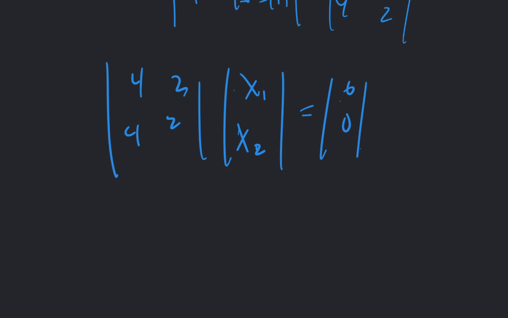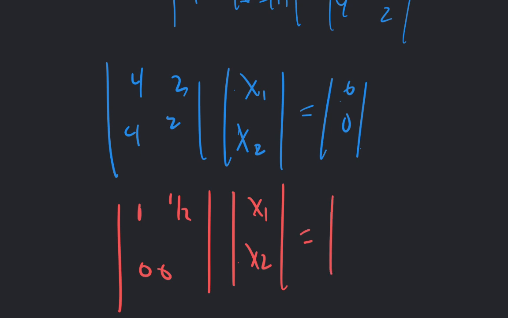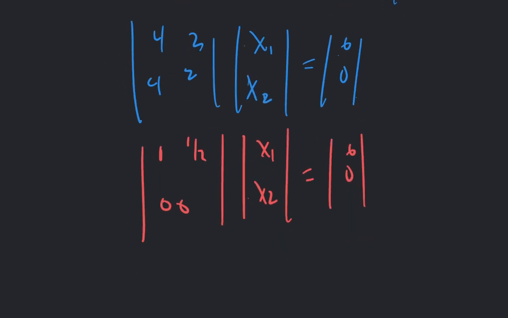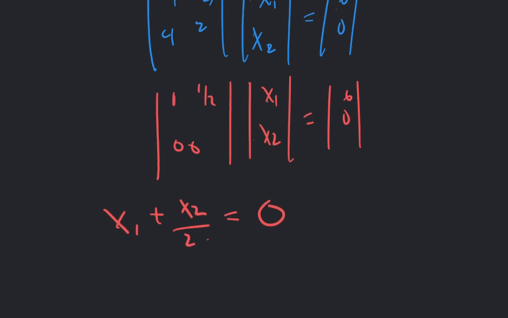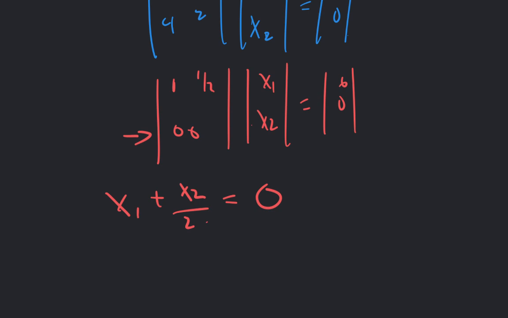And we could just row reduce. That would be 1, 1 half, 0, 0. And then just write out the system. x1 plus x2 over 2 is equal to 0, because this bottom row doesn't really give us anything. Or x1 is equal to negative x2 over 2.